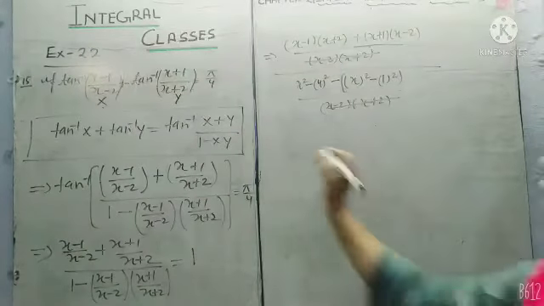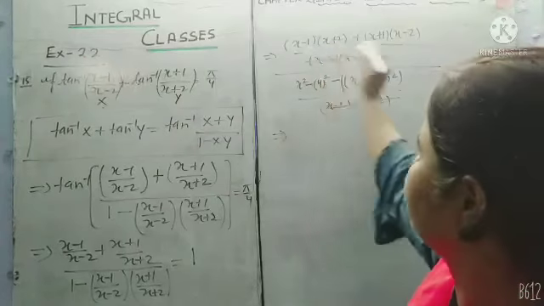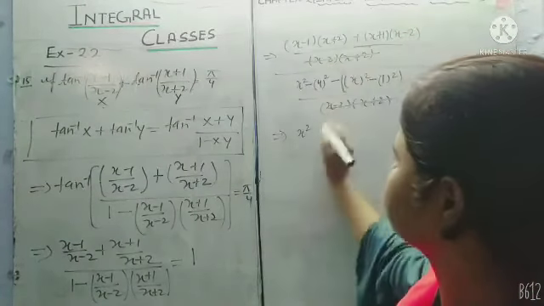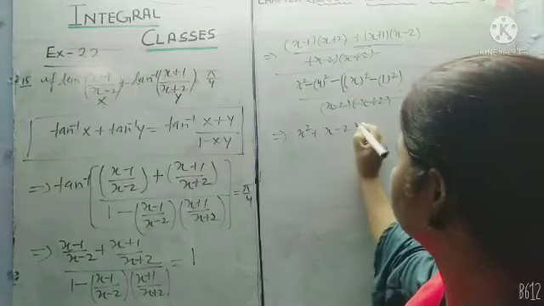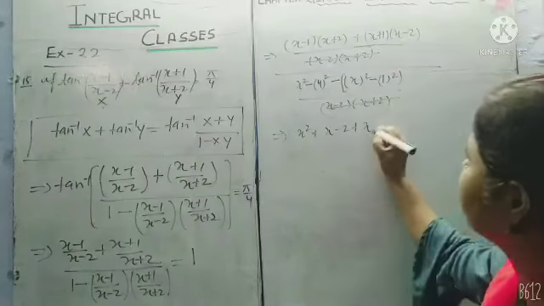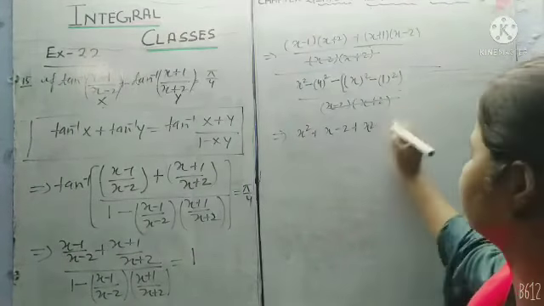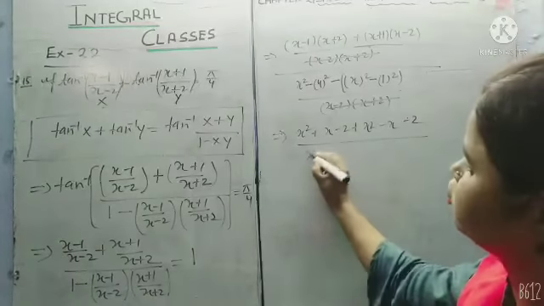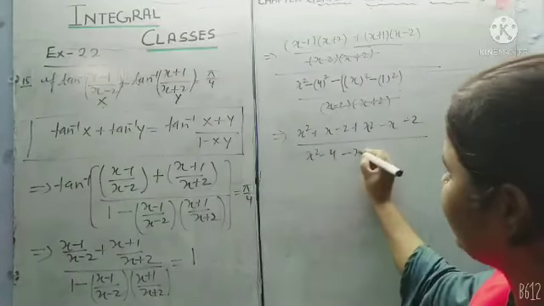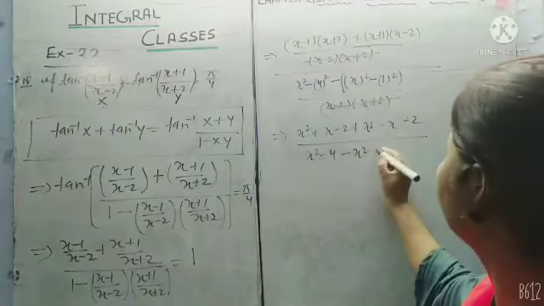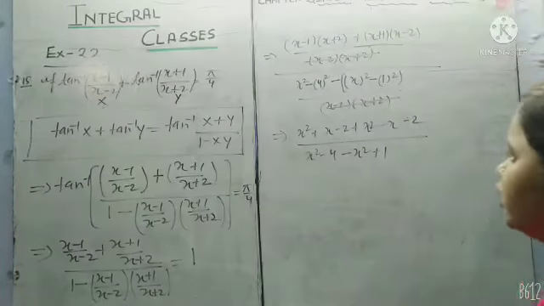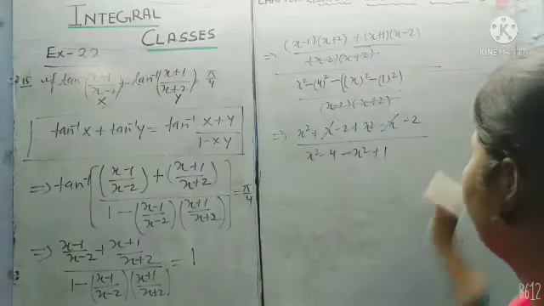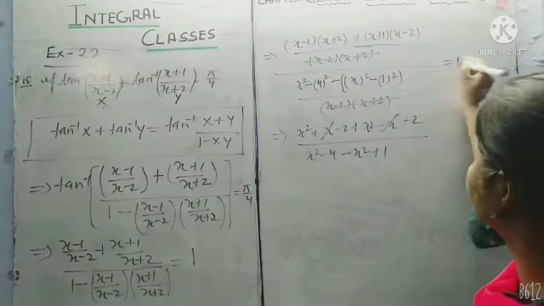Now these denominators cancel each other and we multiply these two brackets: x square plus 2x minus x minus 2, and here x square minus 2x plus x minus 2, upon x square minus 4 minus x square, which becomes positive. Now this cancels and equals 1 is also here.